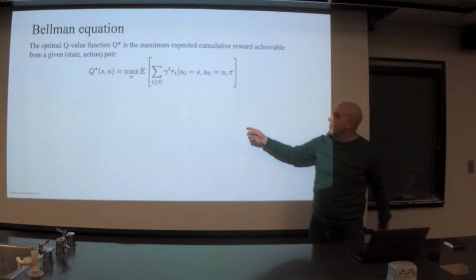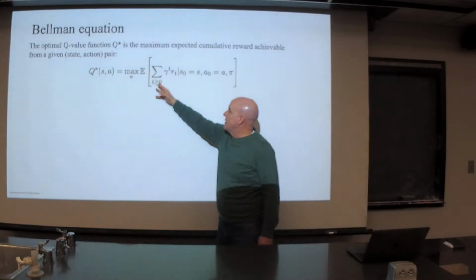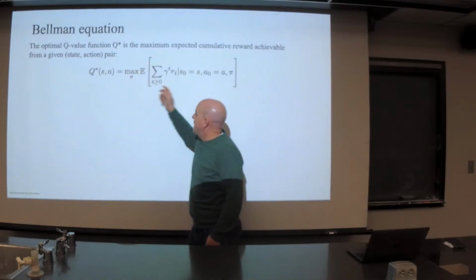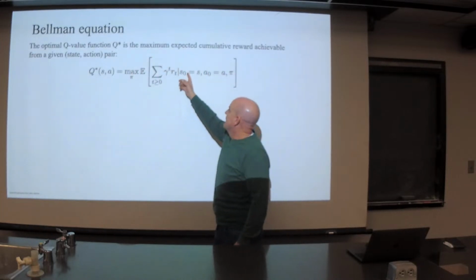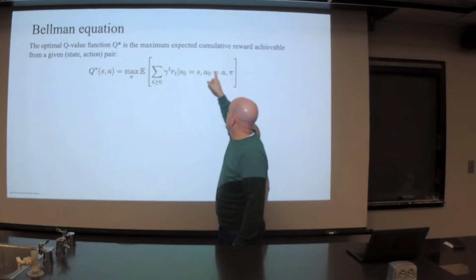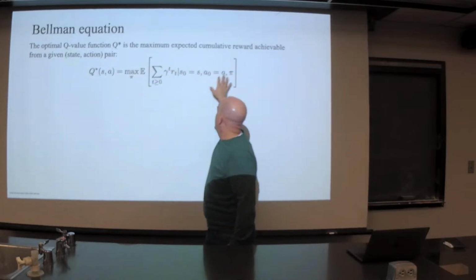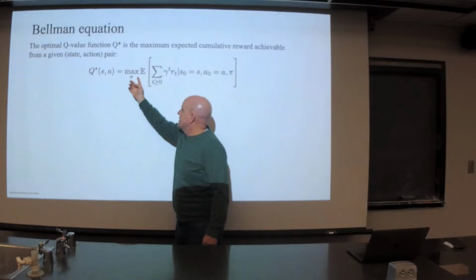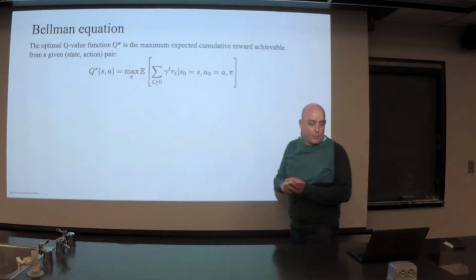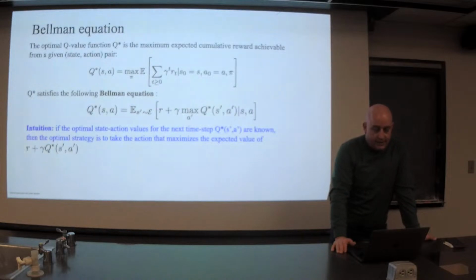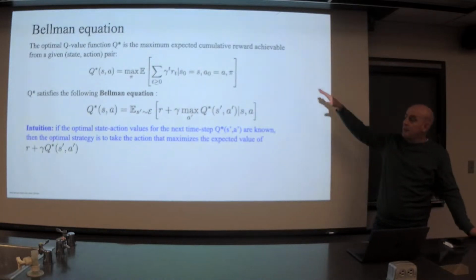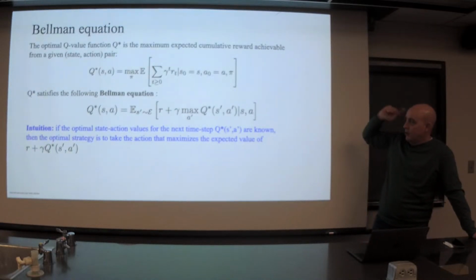How do we think about this? Well, it's maximized over all the possible policies. It's the same expectation, conditioned on where we start and the first action we take, but we're maximizing this over all the possible policies. So that's our optimal Q value function.